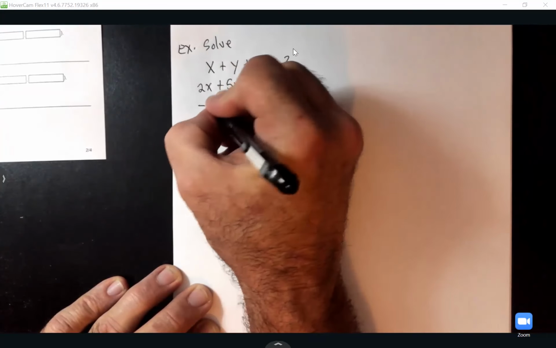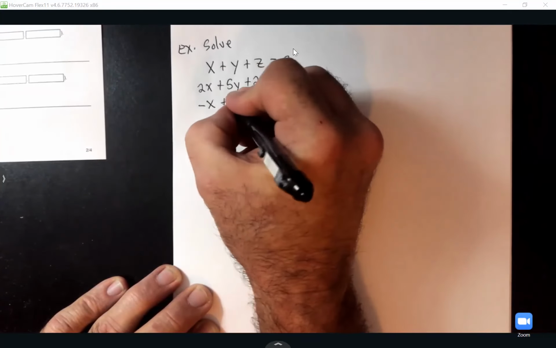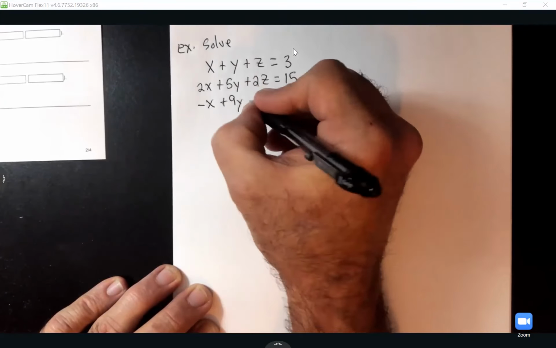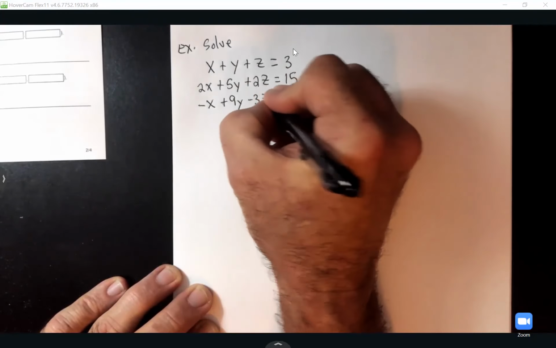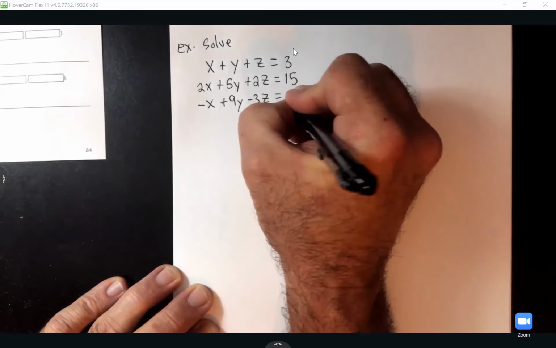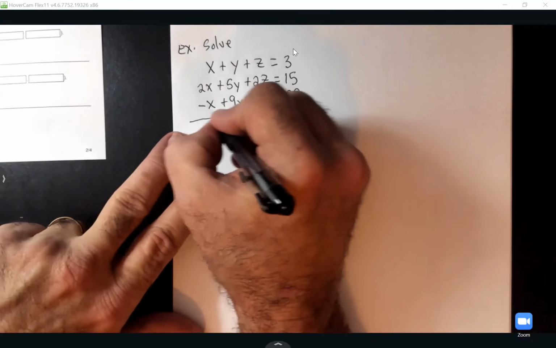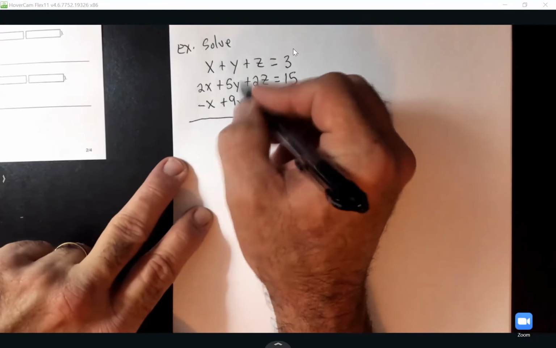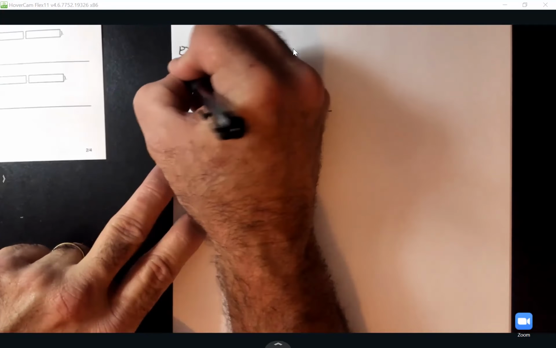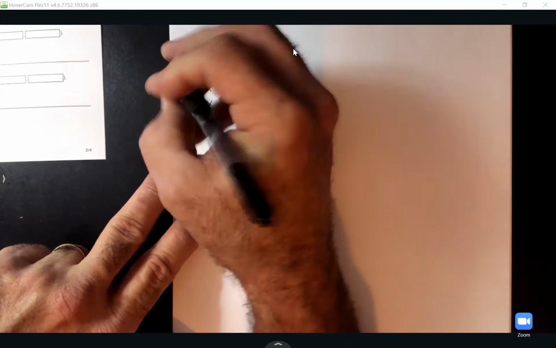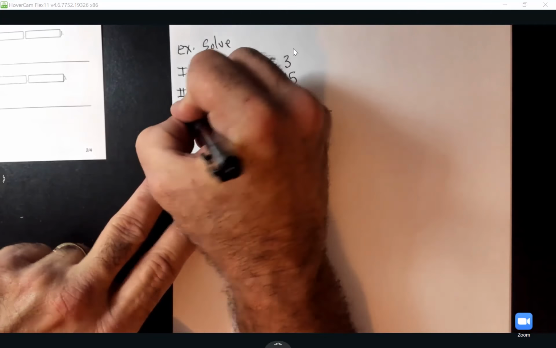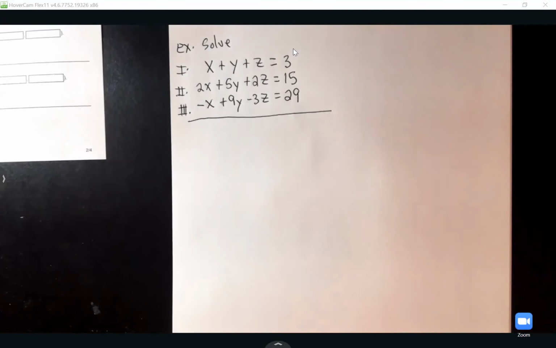And then I got a negative x plus 9y minus 3z equals 29. Now, since I got so many rows, I'm going to call this equation 1, equation 2, equation 3.